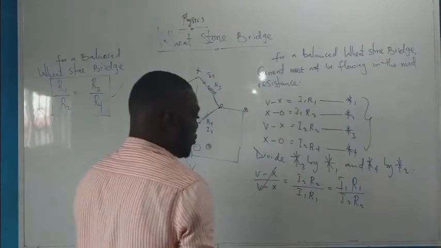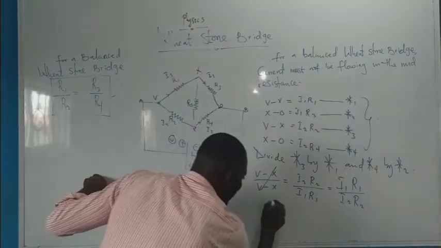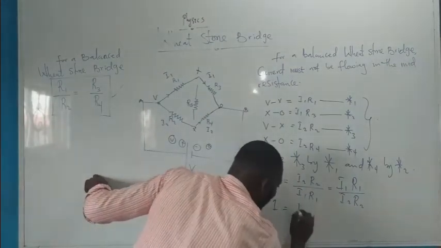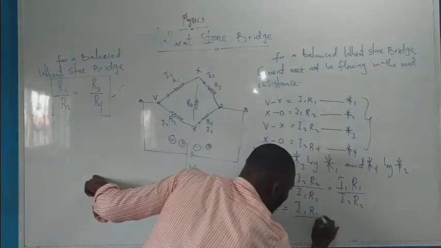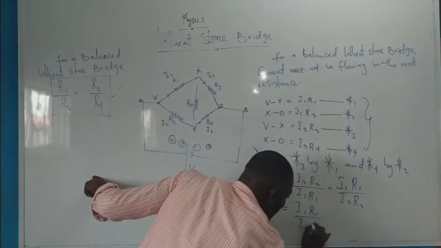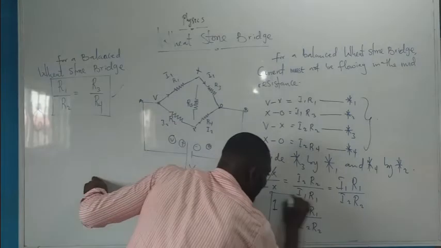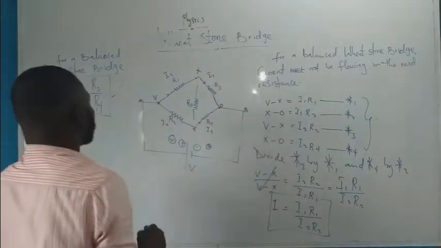This and this will go, so it becomes 1 equals I1 R1 over I2 R2. Let's circle this.